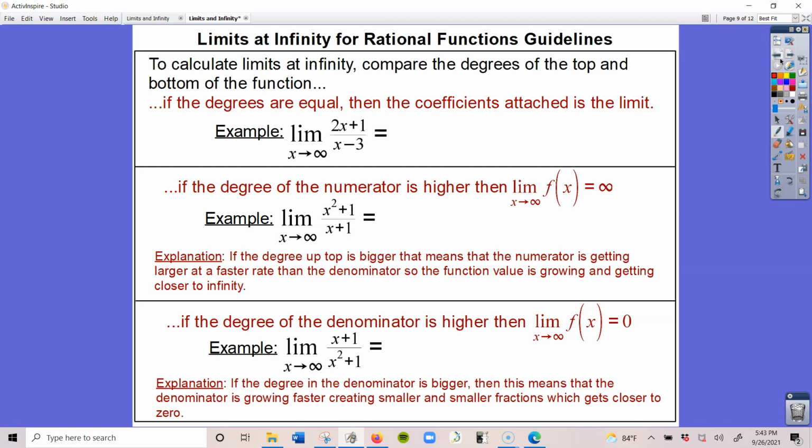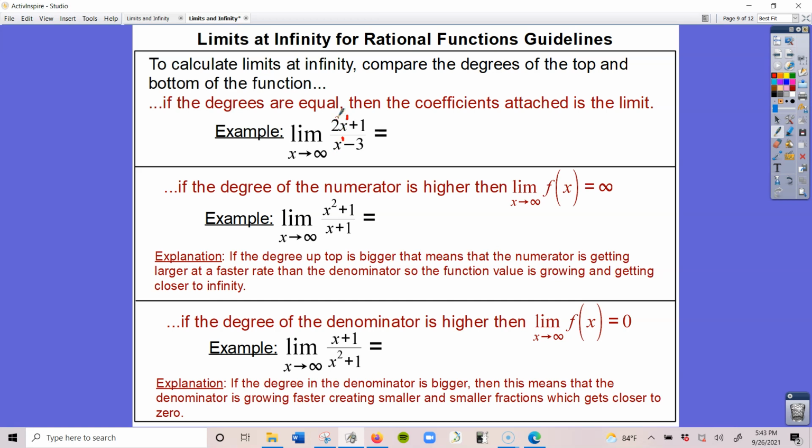So in the first example, we have the limit as x is approaching infinity of 2x plus 1 over x minus 3. If you notice, the degree of the numerator is 1, and the degree of the denominator is also 1. If the degrees are equal, that means that we have a horizontal asymptote where the coefficients are attached and we divide them.